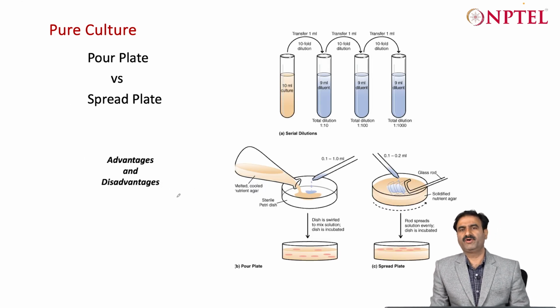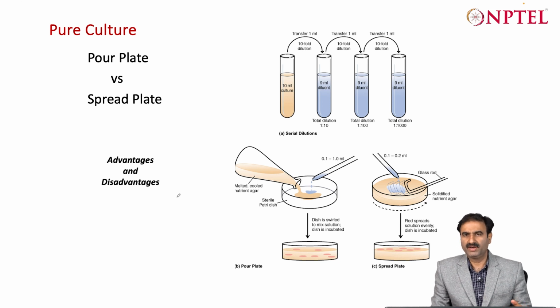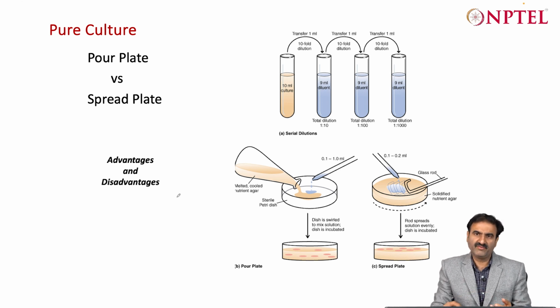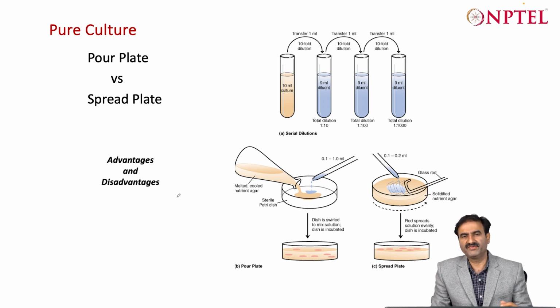Okay, so for pure culture you can do either pour plate or spread plate. When you are isolating from an environment, both methods can be used, but spread plate is better because you can spread it well, and the chances of getting colonies which are more aerobic are higher.